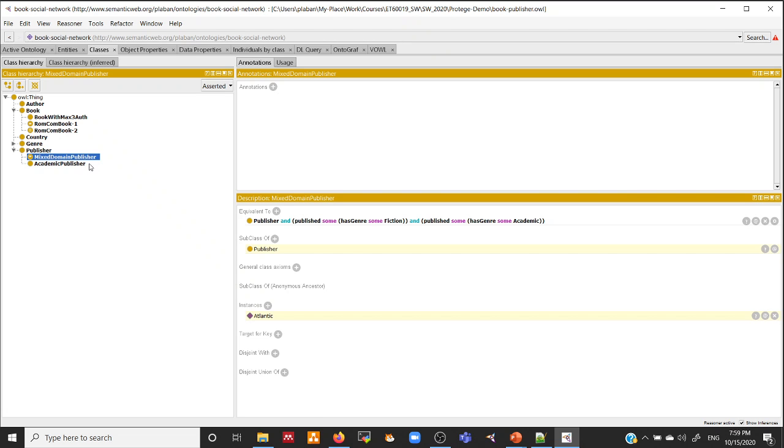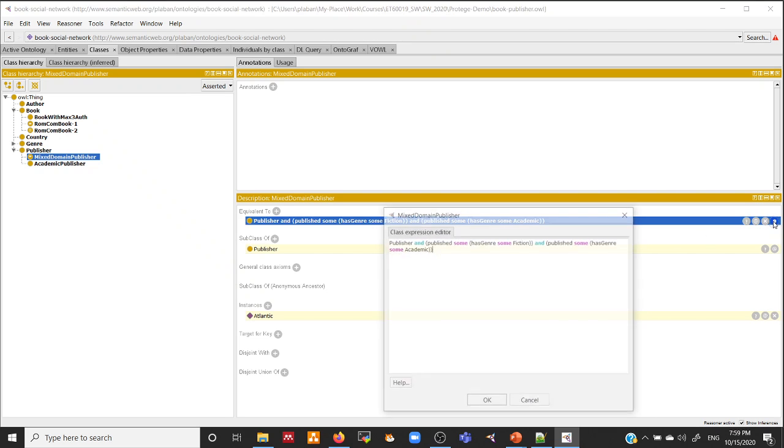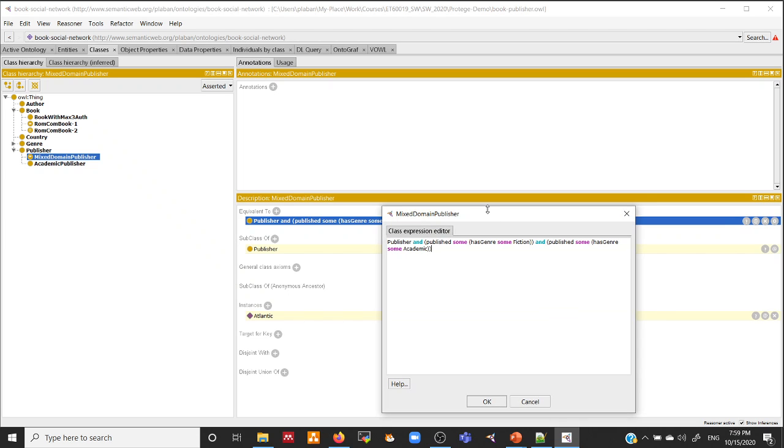Now let us come to the alternate representation, which we have discussed in the second part, right? So here we have this published. Up till this is fine, and it has some has genre fiction, and this will be having another and, and this published will be gone, and we will be removing this part.